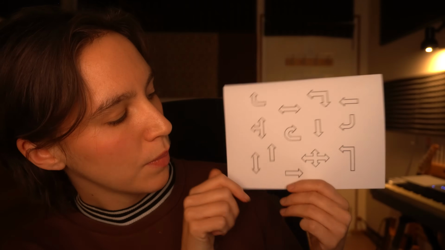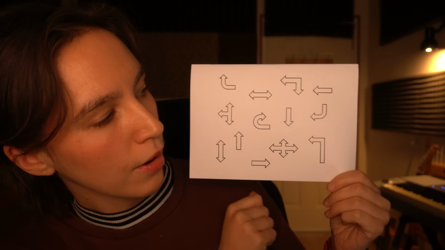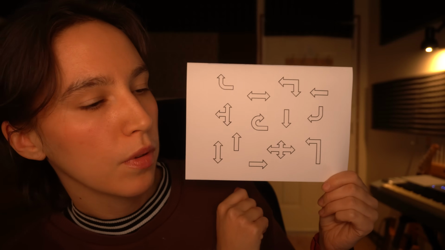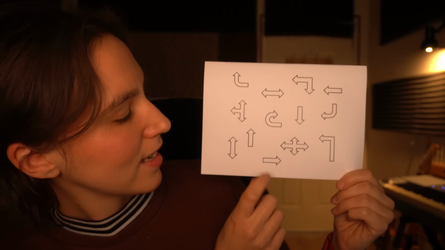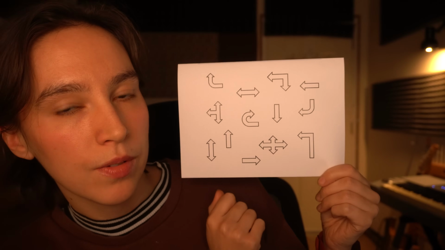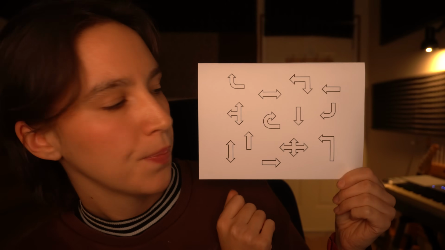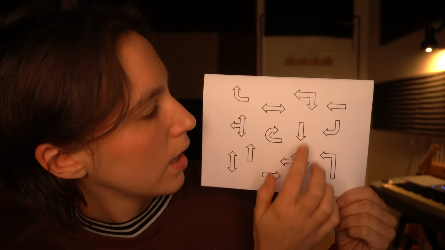Now, I'm just going to move it to the side. We're going to do the same thing. Can you point to the arrow facing up? The arrow that's now facing up. Good, it is here. And the arrow that's facing down. Facing down. Good, we have it here.